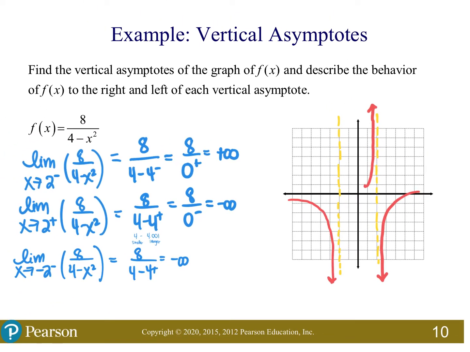And then the last one, negative 2 plus, would be sending me to positive infinity. So this side is going to go up that way. That's what I end up with. That's the graph.